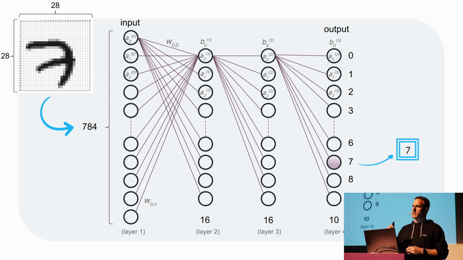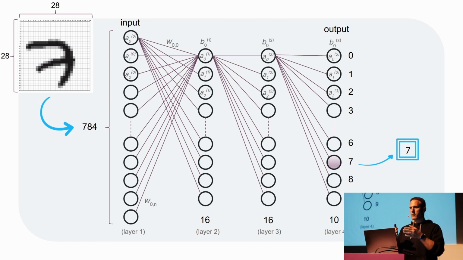Each of these edges that are connecting a neuron to the next layer will carry a little weight. Basically, it's a multiplier. So the contribution from one neuron to the next layer is going to be multiplied by this small multiplier. And then the neurons in the next layer are going to have a small number attached to them called a bias.